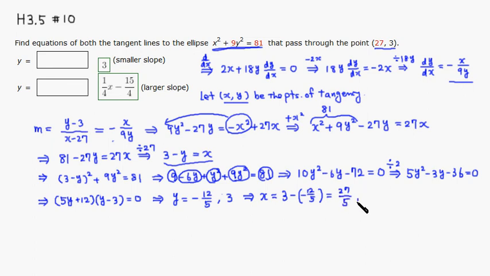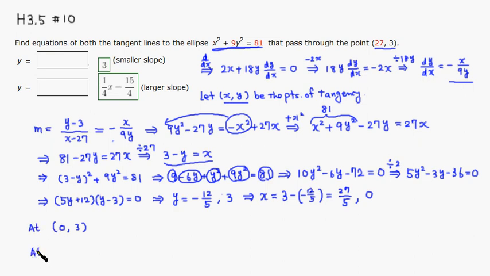And also, if y is 3, 3 minus 3, so 0 is the other value, right? So we have 2 points of tangency. So one is, let's do the easy one, x is 0 and y is 3.